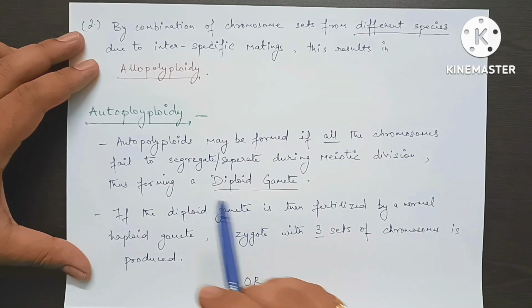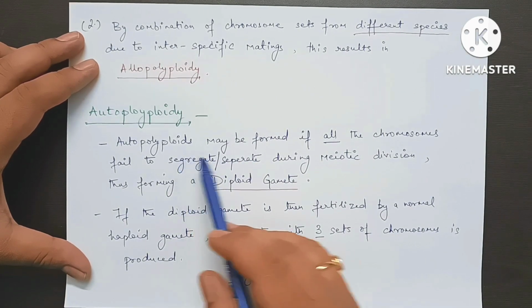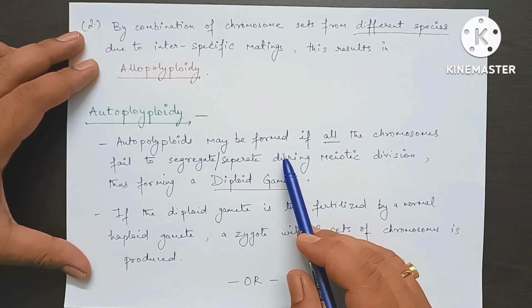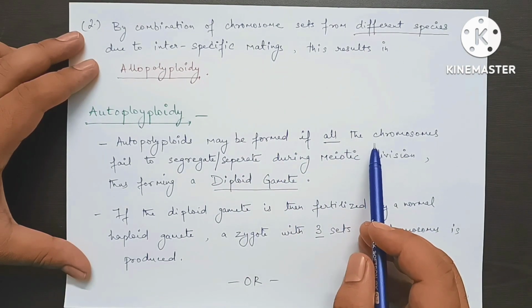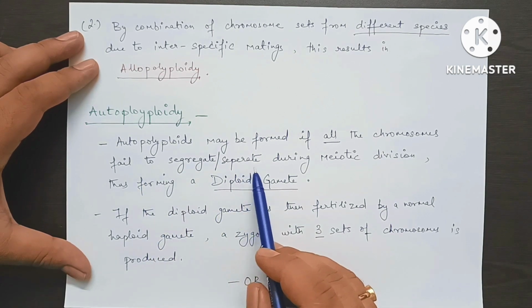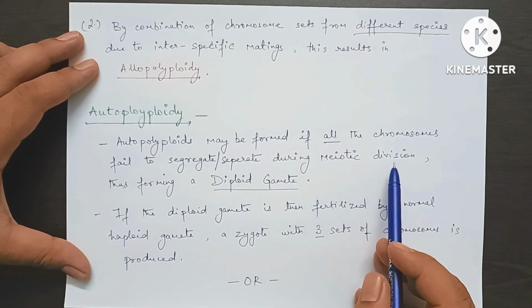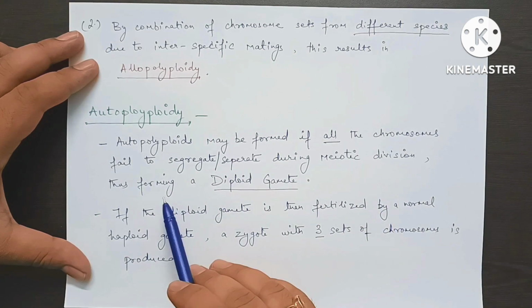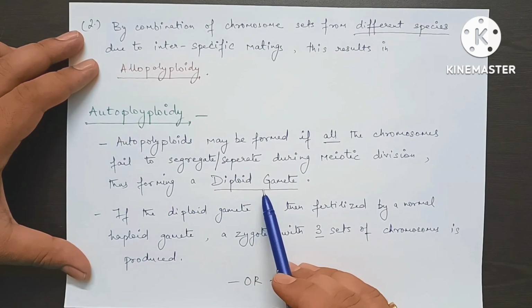Again, autopolyploids may be formed if all the chromosomes fail to segregate or separate during meiotic division, thus forming a diploid gamete.